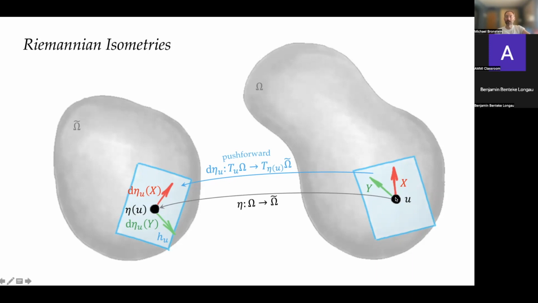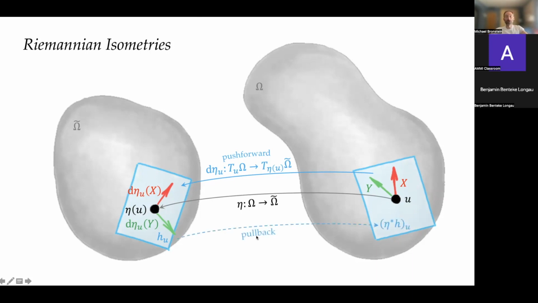If I'm at point u and I make a displacement by vector x, then I can tell you how this displacement will be mapped under the map eta by this function that I call the push-forward, d eta, that maps me to another tangent space on the manifold omega wave around the point eta u, the image of this point under eta, and this tells me how exactly I changed.